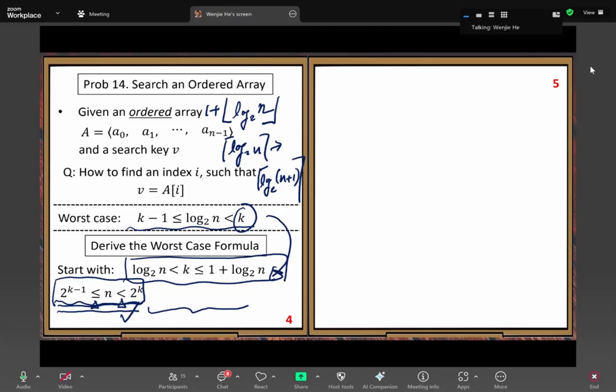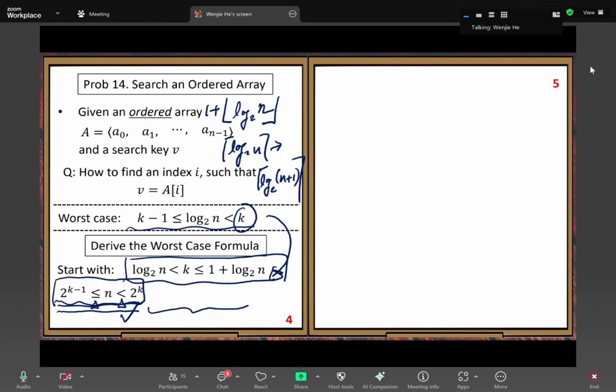Because if the right half of the inequality does not contain the equal case, that means there is a gap, right? There is a small gap. So when we can find an equivalent inequality containing the equal case, that's the best we can get.